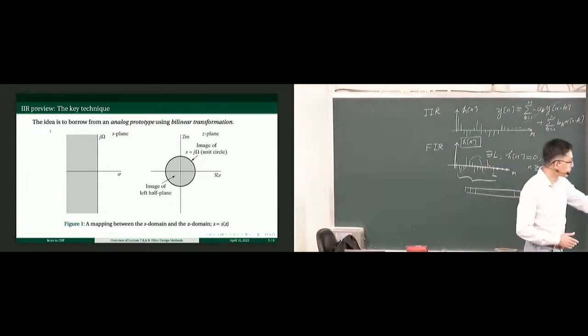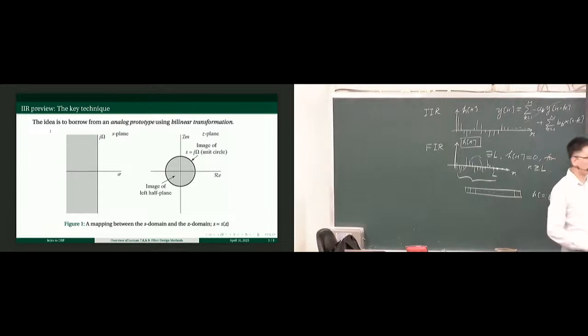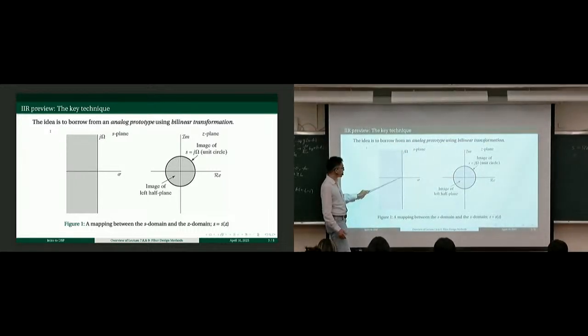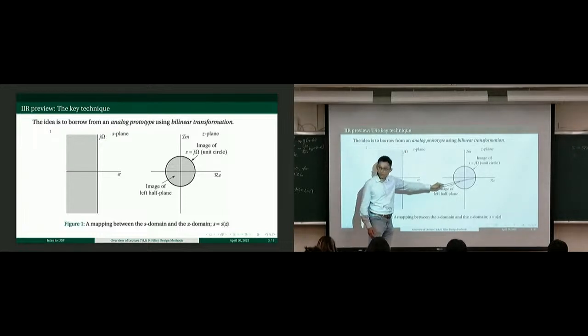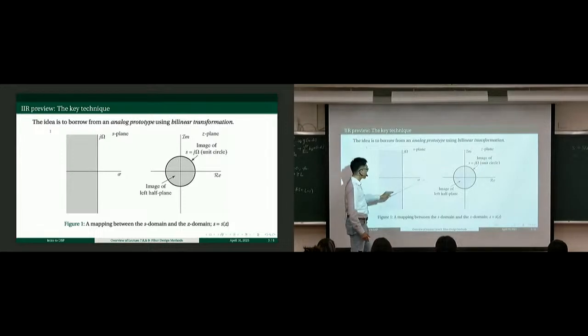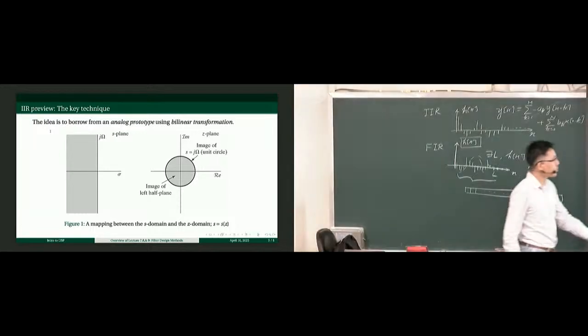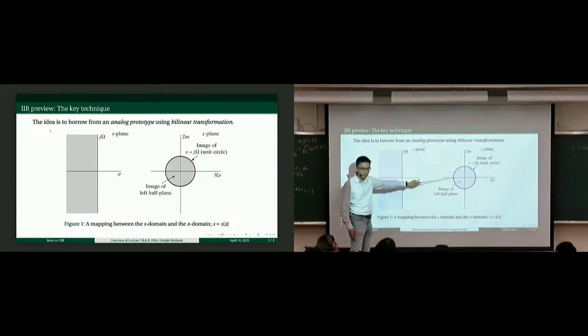Let me repeat that. Going up is equivalent to going counterclockwise here, with DC mapping to DC. That's DC frequency in discrete time. DC maps to DC and infinity maps to pi. So there is a map to this frequency, frequency pi.